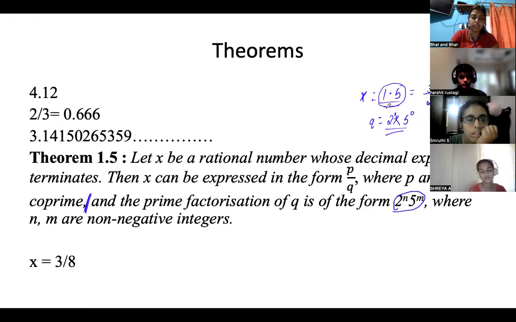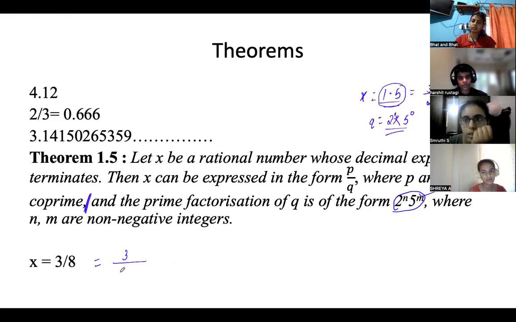Now suppose we have 3 by 8. The denominator has to be written in the form 2 raised to n, 5 raised to m.